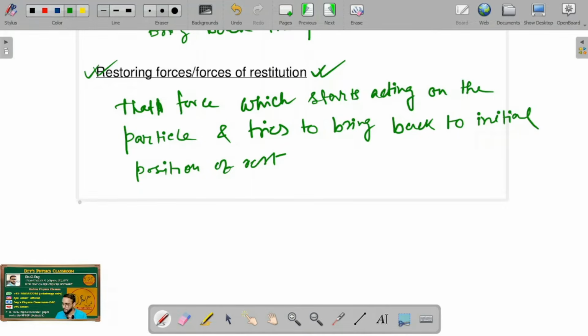Now the general form of the restoring force is that it is a function of displacement.